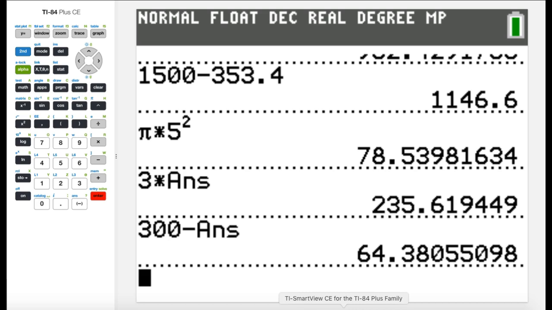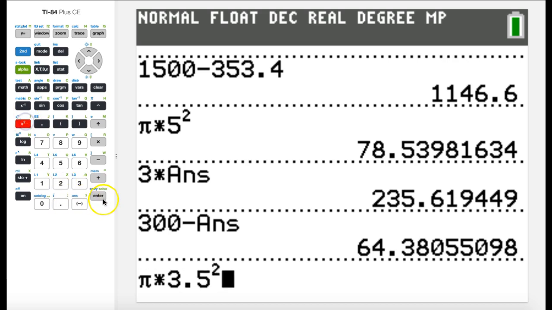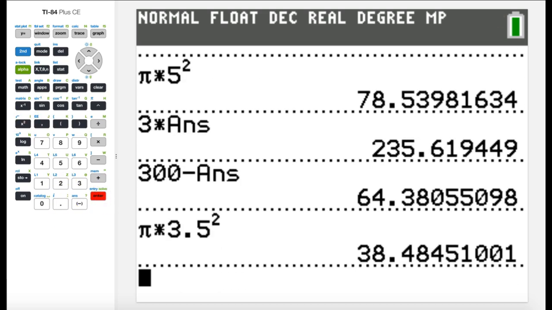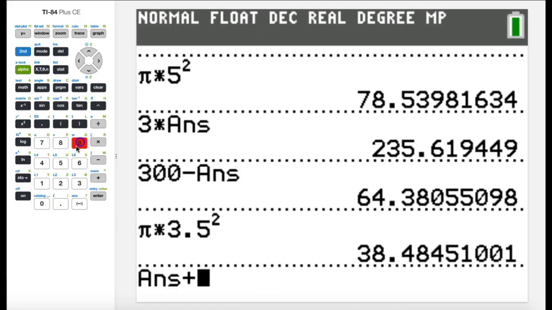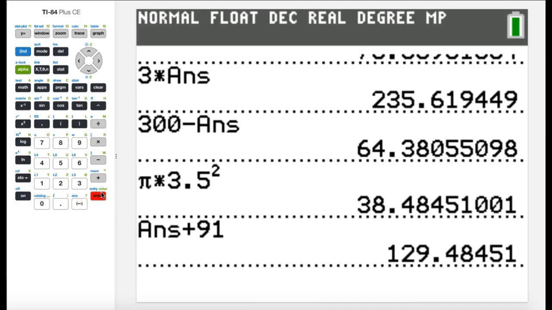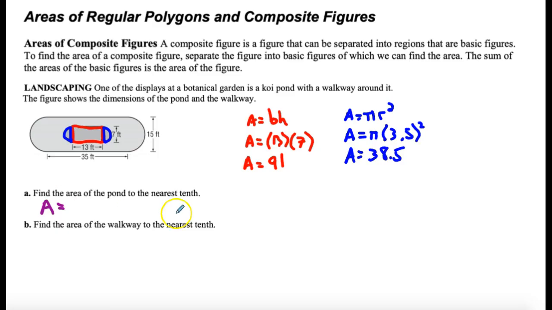So pi times 3.5 squared is 38.5 if we round to the nearest tenth. And now the total area of the pond will be those two added together. So plus 91, 129.5.